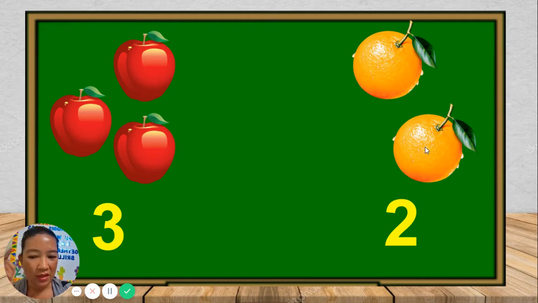Again, the alligator will always eat the bigger number or the one that has more in a set. Which do you think? All right, I want you to position your hand. Okay, and we're going to snap the greater number or the object that has more.